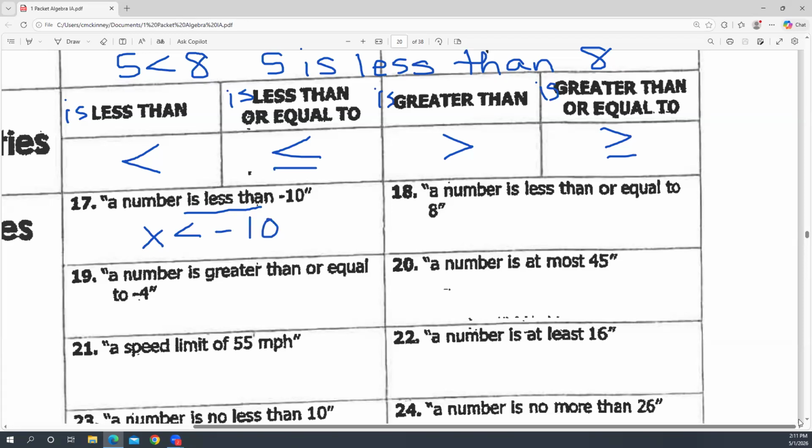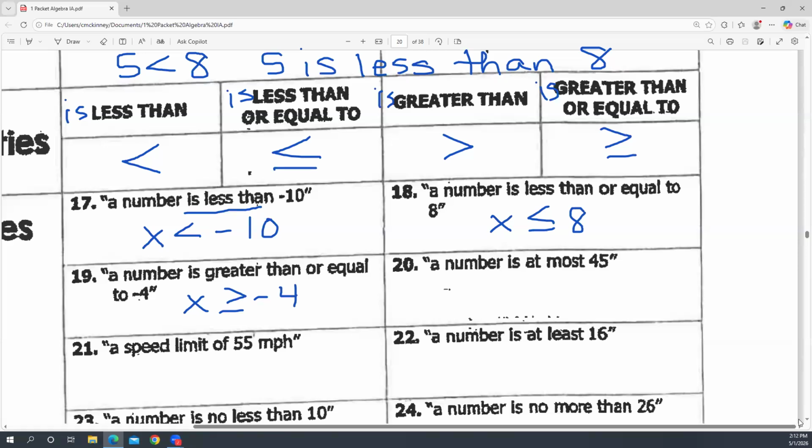A number is less than or equal, give it the line, to 8. A number is greater than or equal to -4. So those three are pretty straightforward. When we get the rest of these, we have to do a little more thinking.